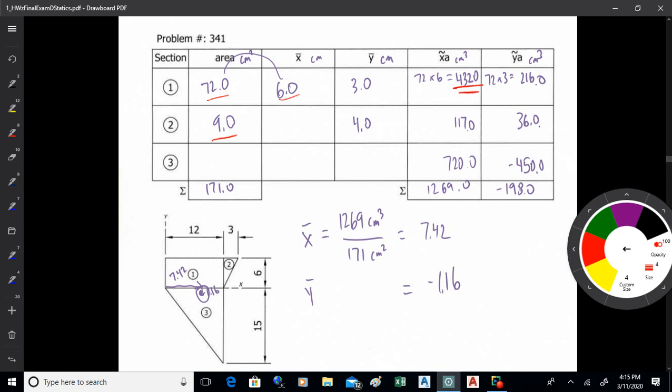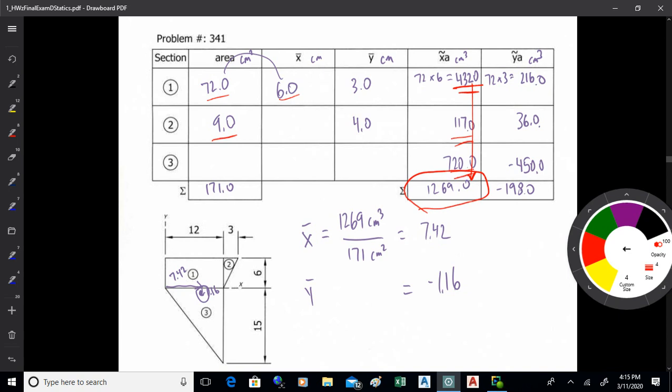Then I'll do the same thing for the last piece. I'll go through all 3 of those and take x and y bar times A. When I work through that, I'm going to get 4320, 117, and 720. I'll add them up, and I'll get 1269.